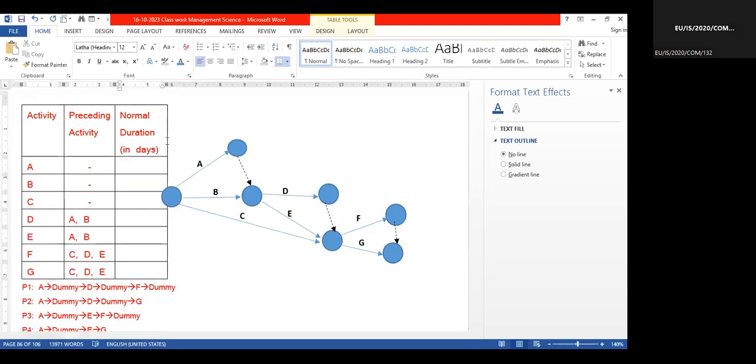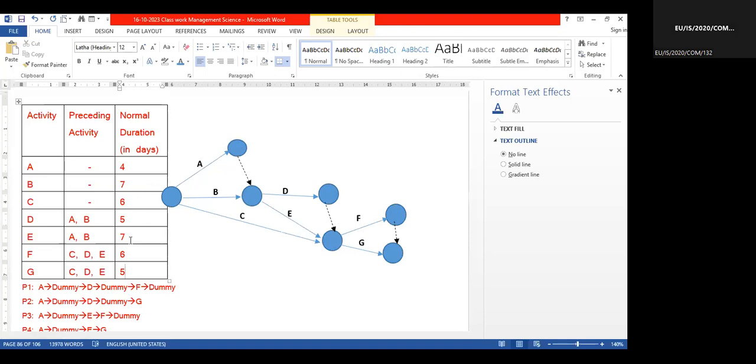A, right? To complete activity A, assume 4 days, B 7 days, C 6 days, D 5 days, then 7, then 6, then 5. So to complete the activities, we need time.